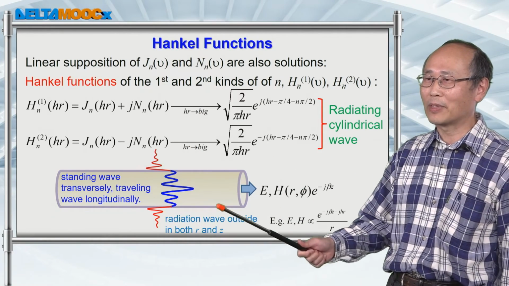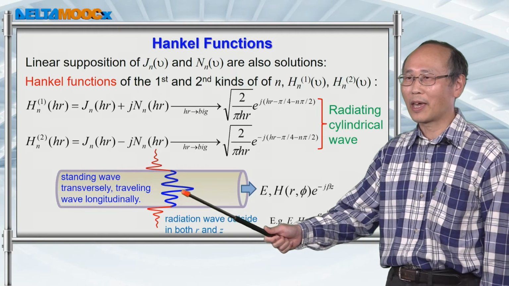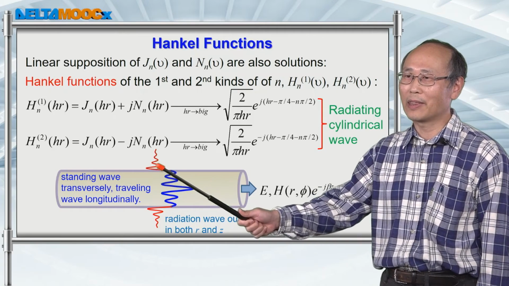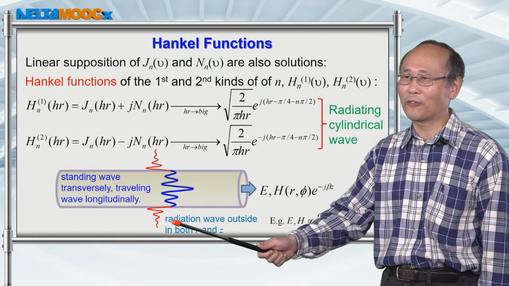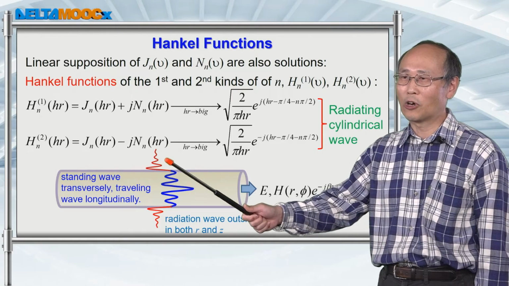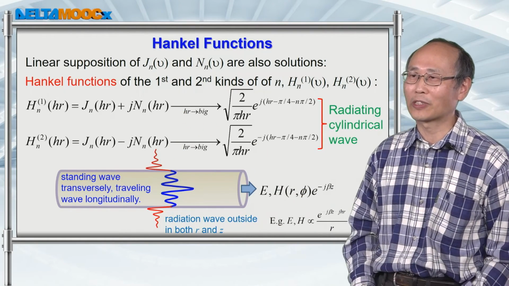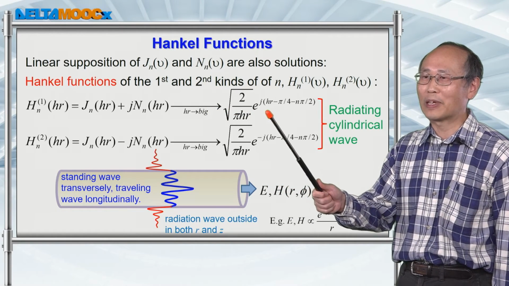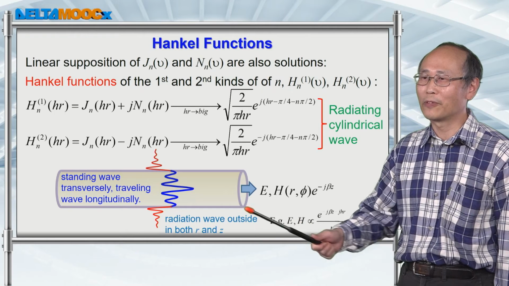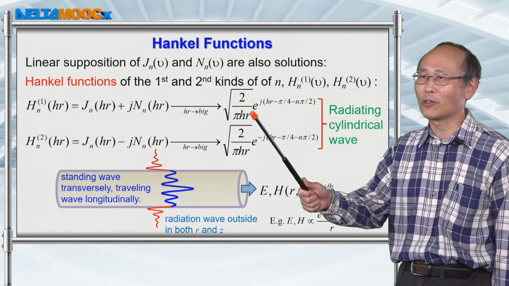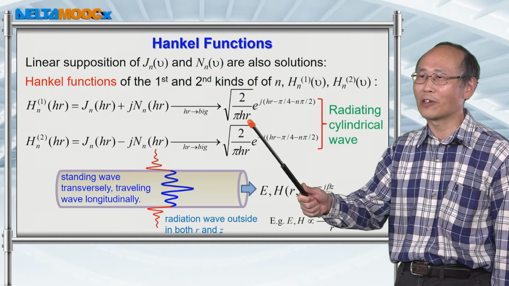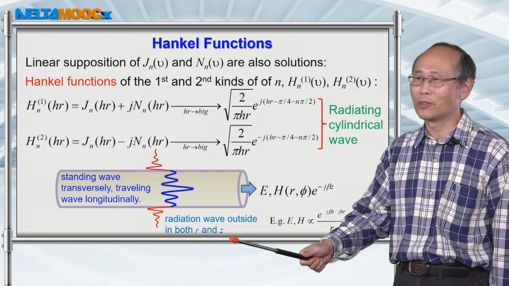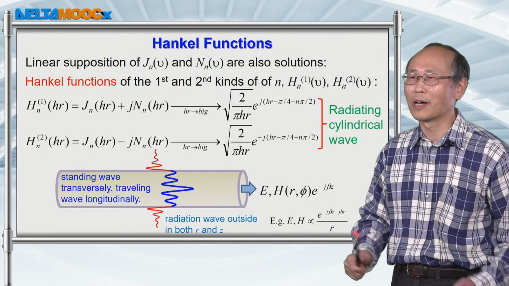On the other hand, if this is an antenna structure, and you excite some current wave on this antenna, then the field radiating away from the surface of this antenna is also described by the Hankel function, because the Hankel function is the mathematical expression describing a field radiating away from a cylindrical structure. And you can see the 1 over square root of r dependence in this expression, because the energy density is going to reduce along the radial direction.